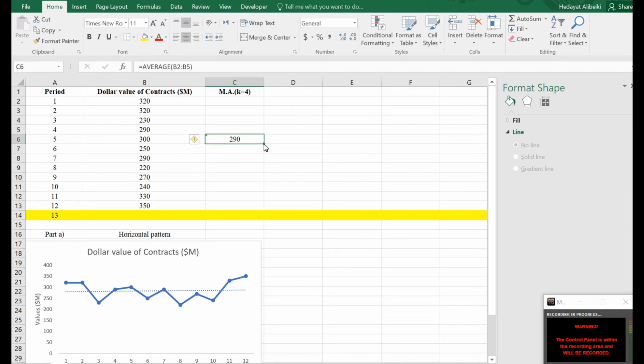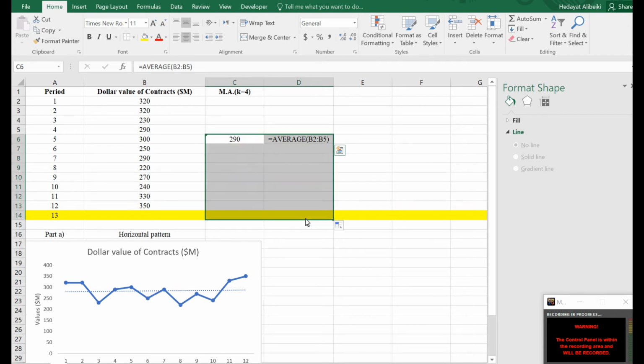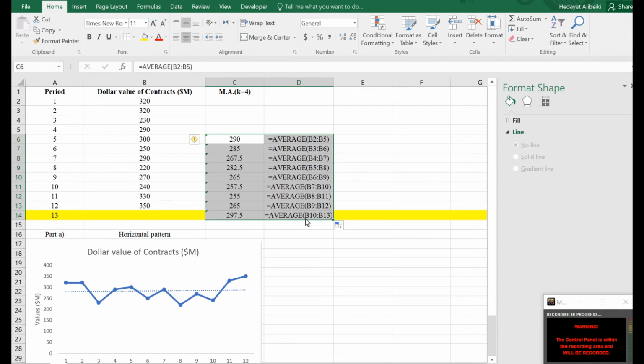And then let me just show you the formula. And if I simply drag it down, it's going to give me the moving average forecast with K equal to 4.